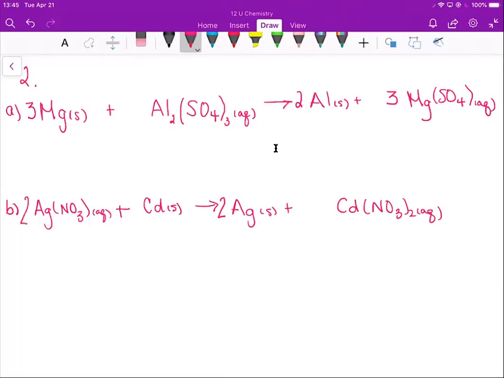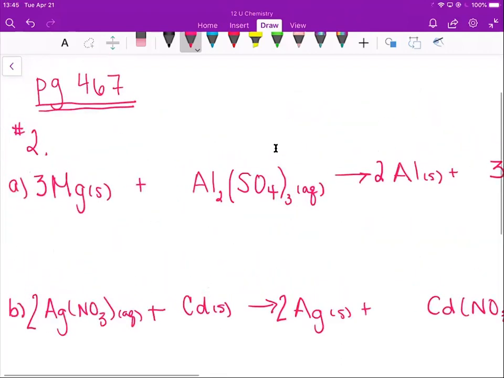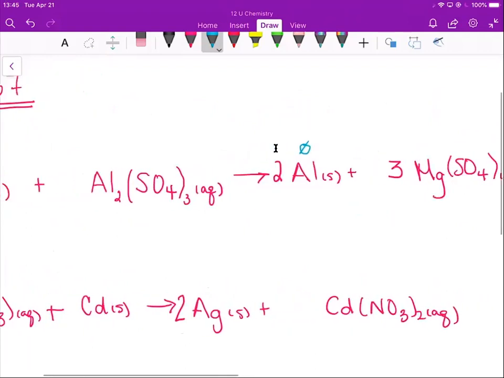Okay, so it says for number 3, identify the reactant oxidized and the reactant reduced in each reaction in equation 2. All right, so I'm going to do the numbers in blue. Anything that is in its elemental form is going to have an oxidation number of 0. Then you're going to look at your polyatomic ions. A polyatomic ion is always going to keep its charge, as long as it hasn't broken down, like if the sulfur has broken down from the oxygen.